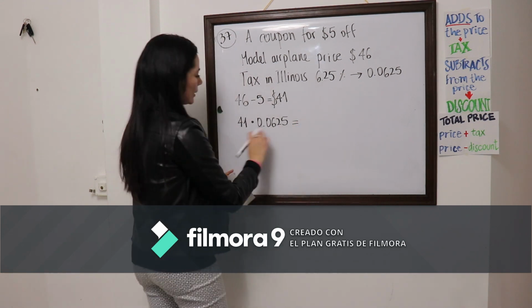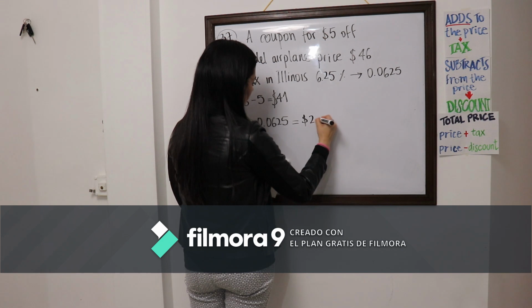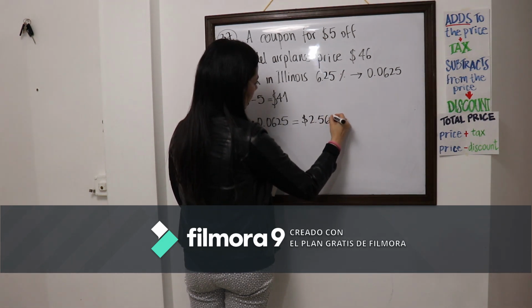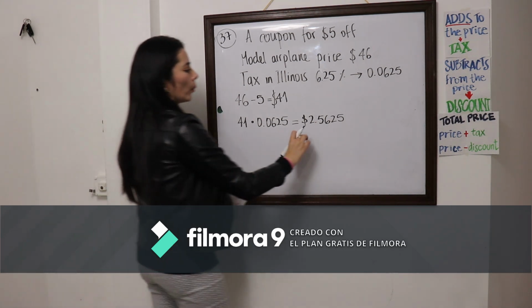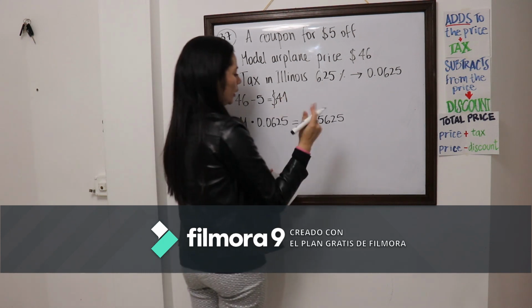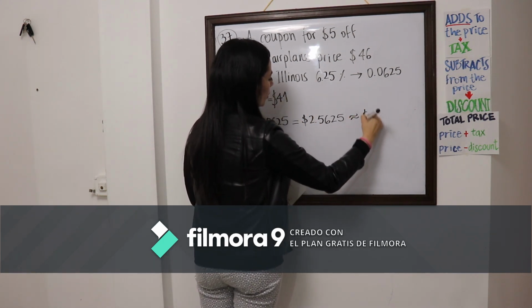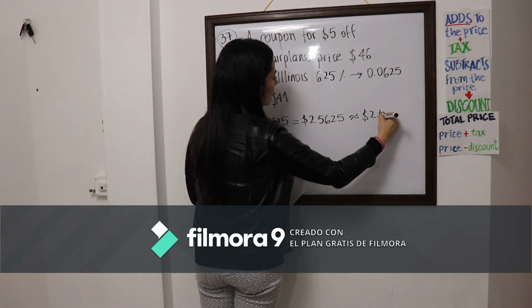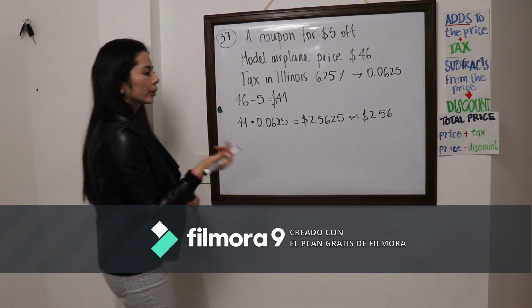Now, what I see here is actually $2.5625. Now remember, we have money though, so we cannot have so many decimal places. We need to round it to only 2 decimal places. So we know we're talking about $2.56. All right?